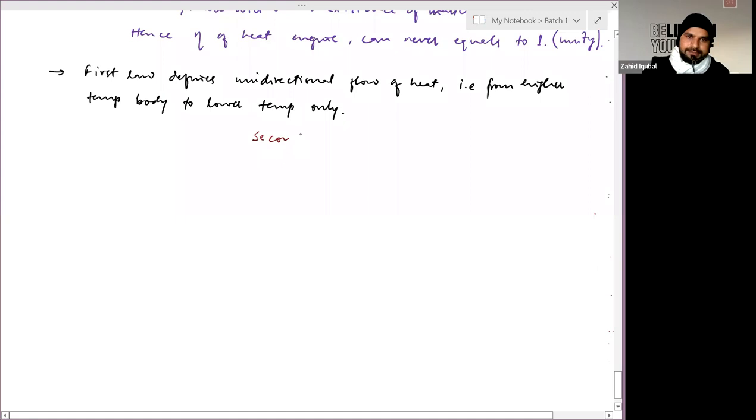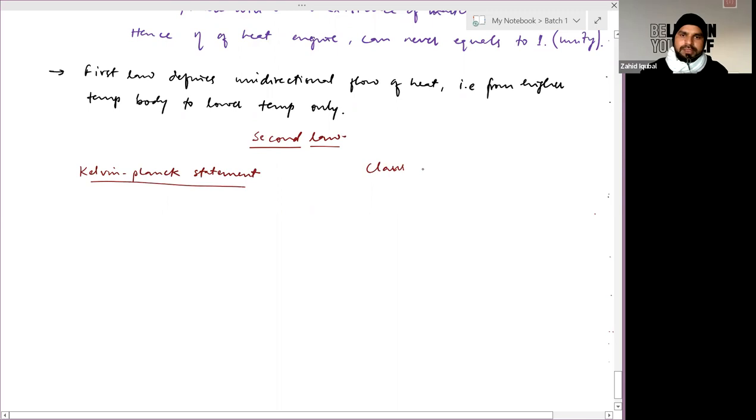So next is second law of thermodynamics. For the second law, we have two different statements. One is Kelvin-Planck statement, and next is Clausius statement.